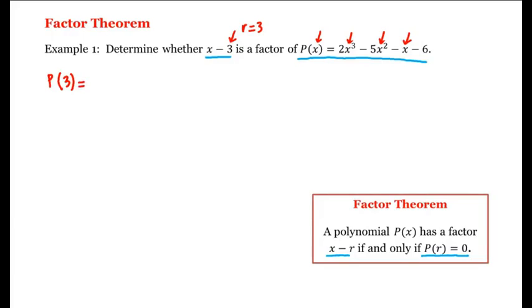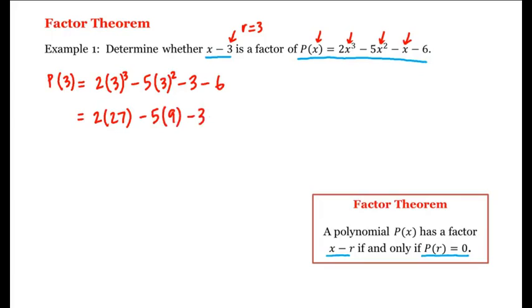This is equal to 2 times 3 cubed minus 5 times 3 squared minus 3 minus 6, which is equal to 2 times 27 minus 5 times 9 minus 3 minus 6, or 54 minus 45 minus 3 minus 6.